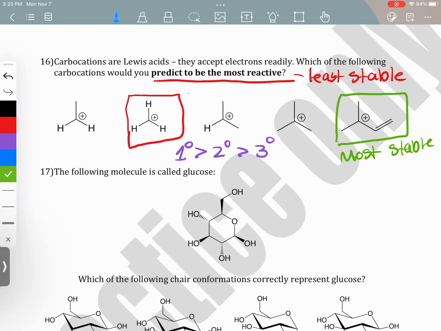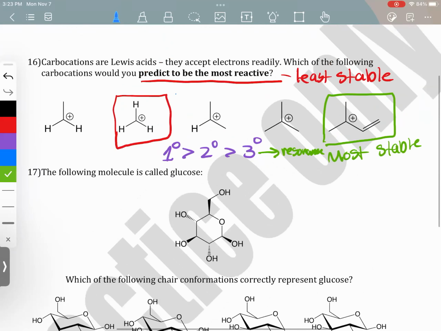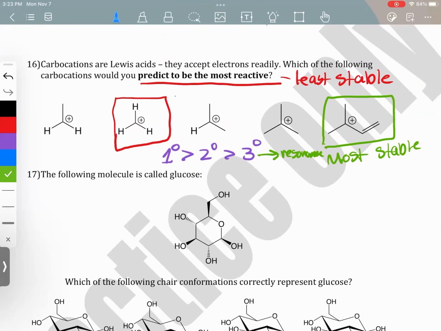Sometimes you see this little graph and above that there'd be resonance. Resonance is always most stable. Any questions? So you're saying that the fourth and the fifth are just tertiary, but the fifth one has resonance.